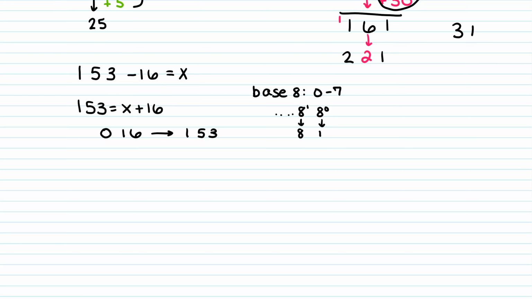So we need to get from 6 to 3. So you can't go past 7. It doesn't go to 8. It wraps back around. So if we're at 0, 1, 2, 3, 4, 5, 6, 7.